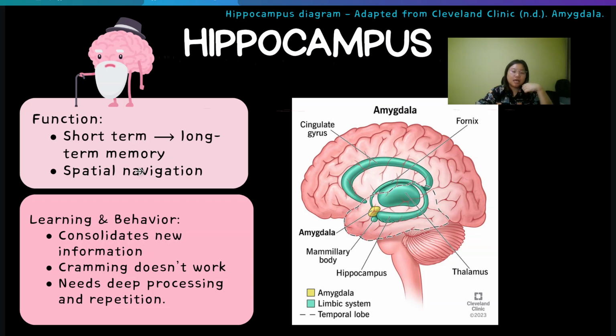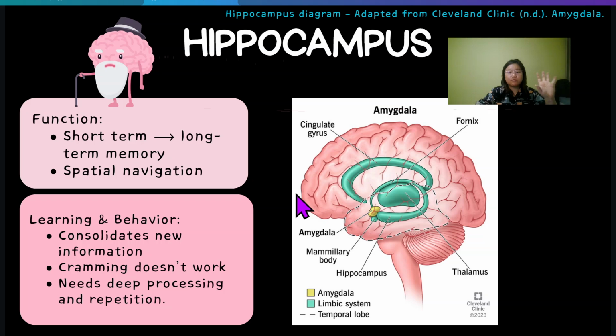So in the classroom, this is the part that helps students remember what they have learned today. If they study something today, the hippocampus helps to store it so they can still remember it next lesson. This is also why cramming doesn't work.